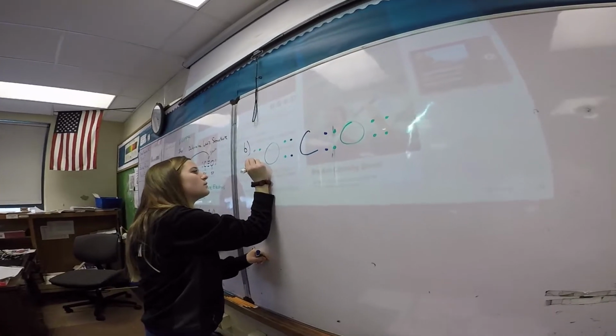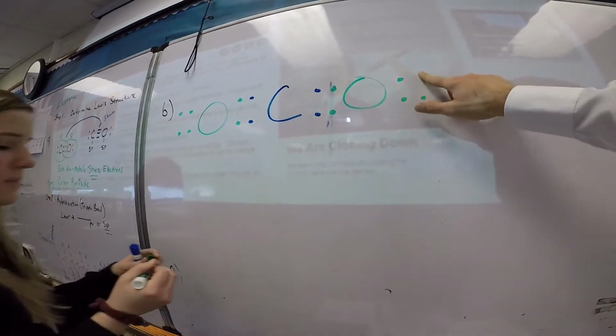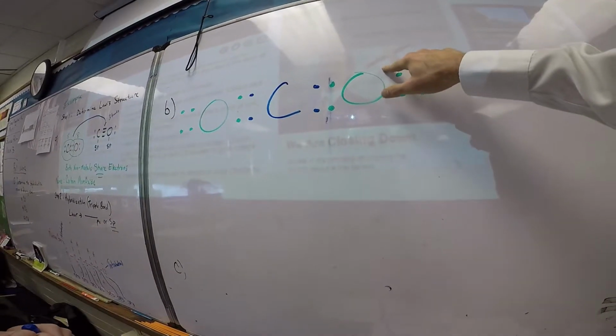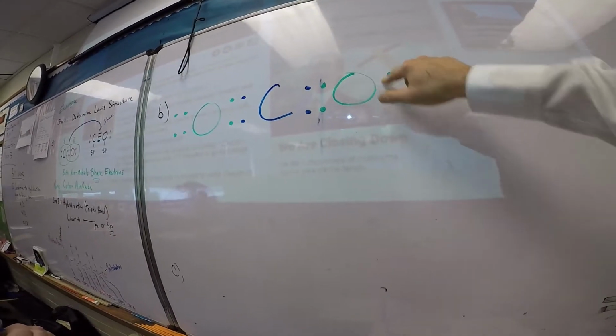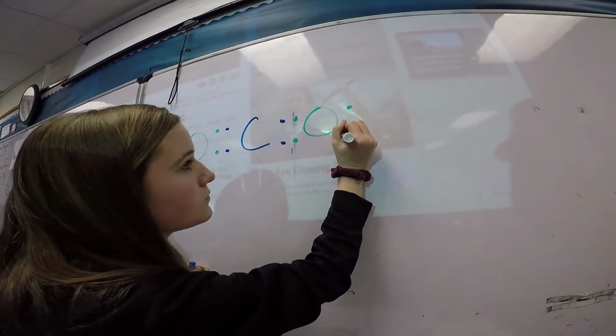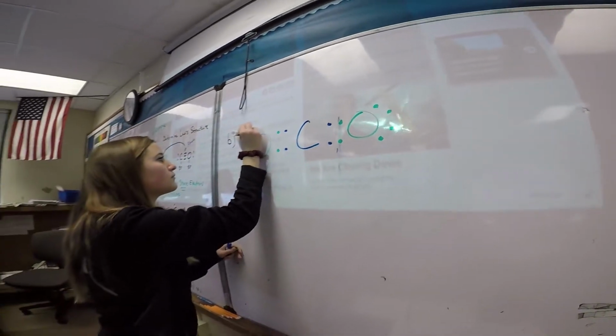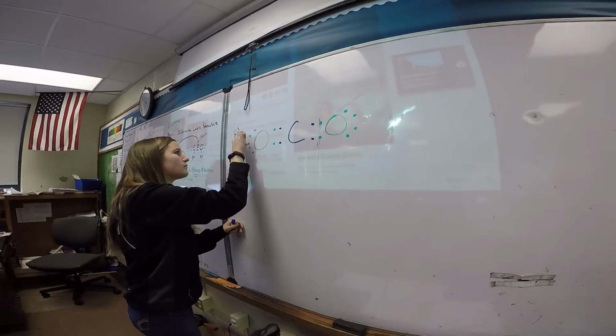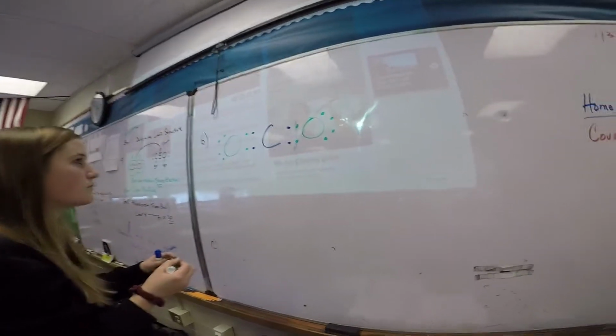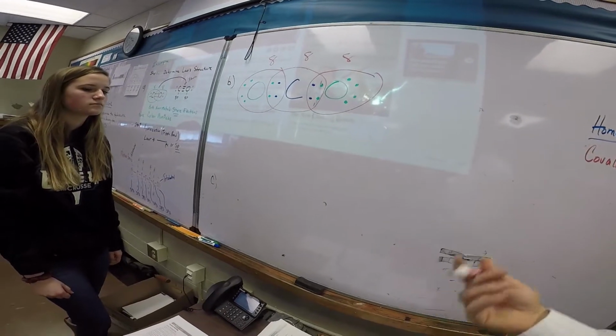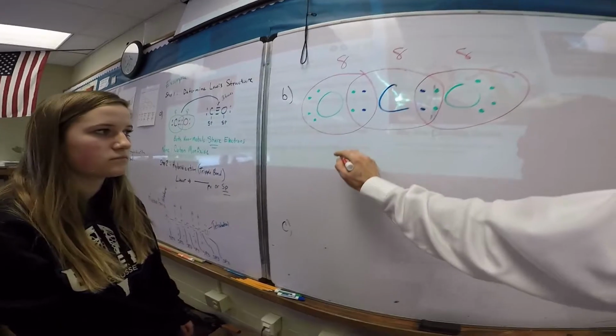Now when we write this, they don't typically show it like this. They'll typically show a dot here and a dot here, kind of like they're paired up, because they're going to want to be close to the actual oxygen nucleus. Make sense? Now, you can draw it another way, which we're going to do real quick.